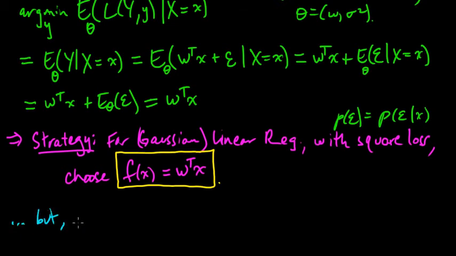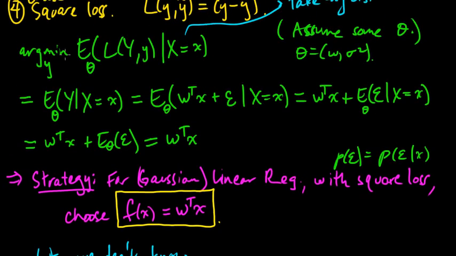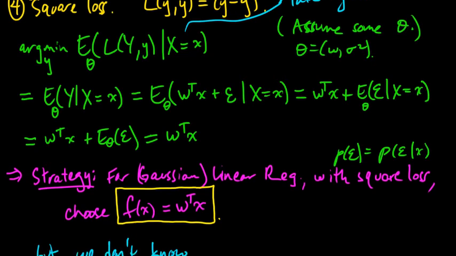Now, we assumed that we knew the true theta. This analysis here minimized the expected loss when y was actually distributed according to this theta that we assumed. But basically all the time, we never know what the true theta is.